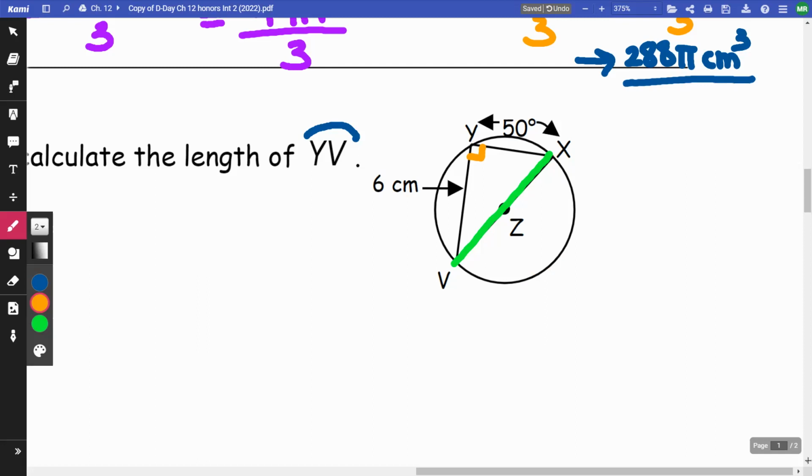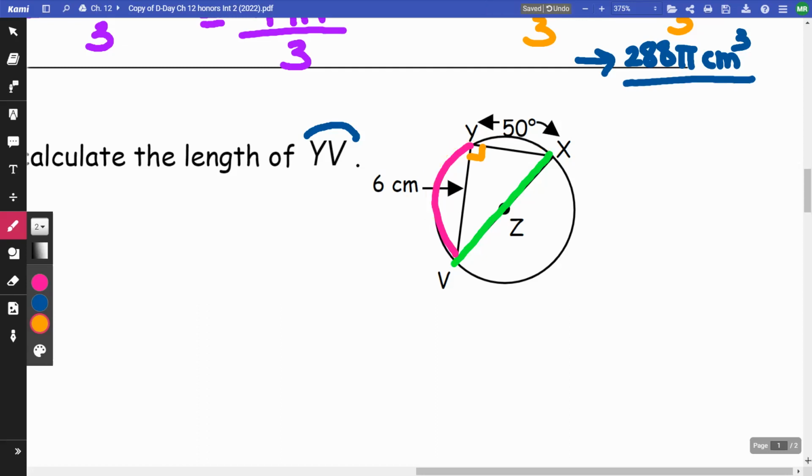So that's the first thing. Now, also, this angle right here, the measure of this, let's say, arc measure, is the rest of this 180 degrees, 50 of it being used.